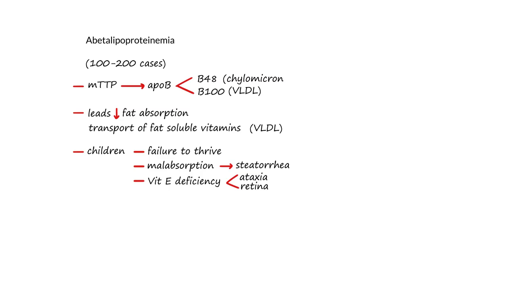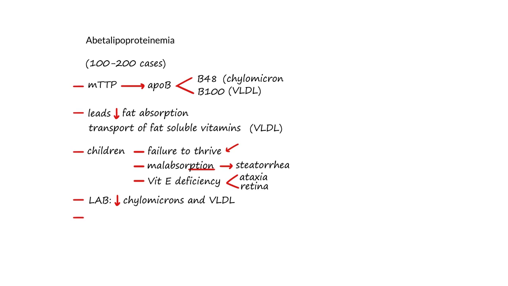And so the diagnosis of these children is going to present with a small failure to thrive, a typical malabsorption workup, but when you go take a look at the laboratory values, you're going to see an absence of both chylomicrons and VLDL, because both of those have ApoB proteins.